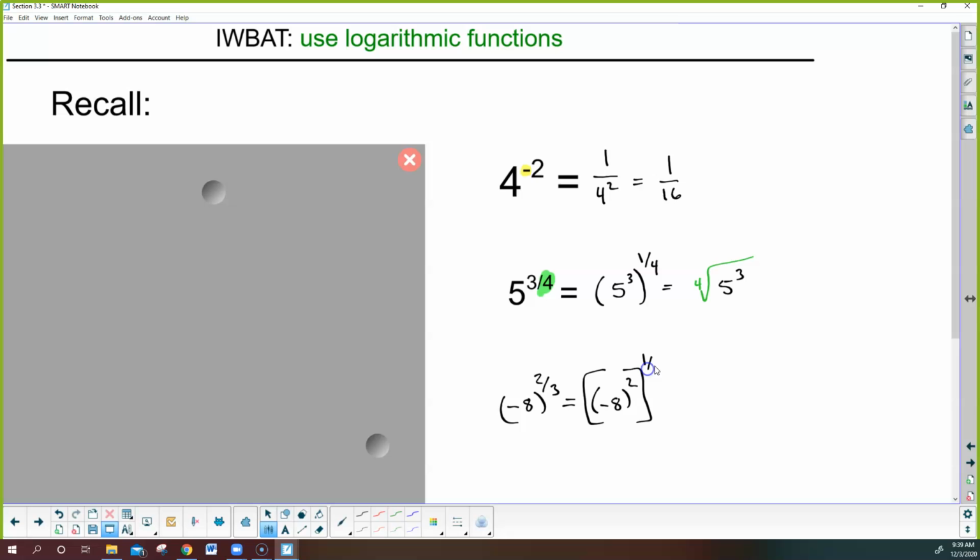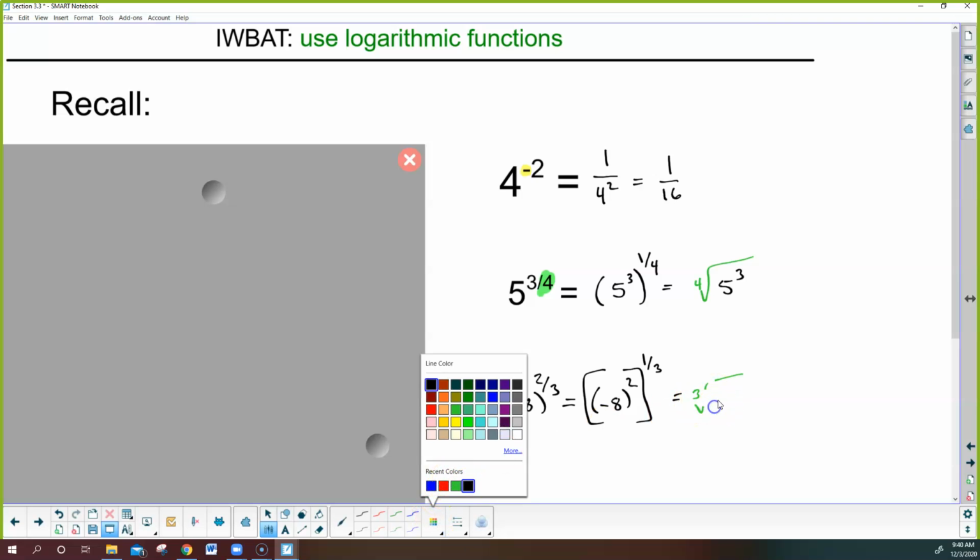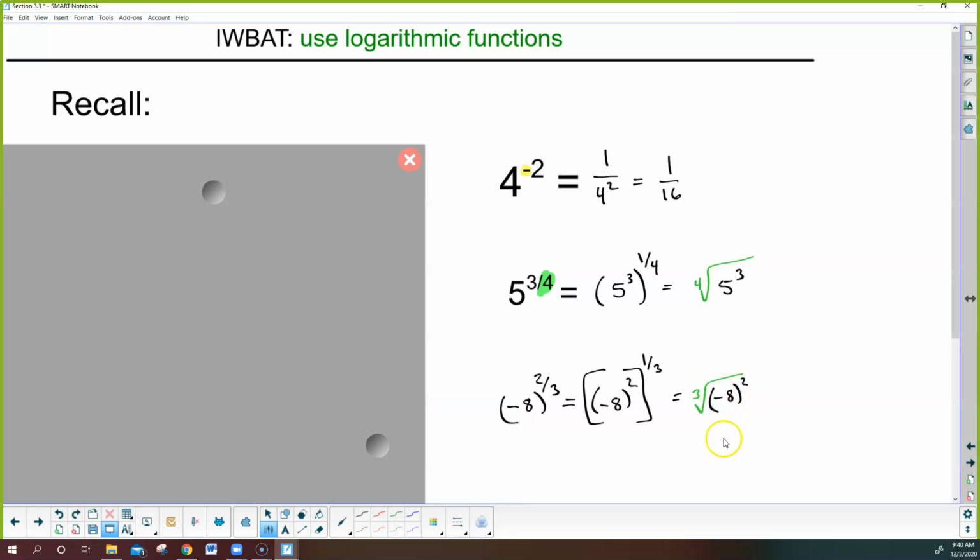But then I've got the divide by 3, and you can kind of skip this step here, but the divide by 3 is the same as the 1/3. And a better way to think of the divide by 3 is the cube root, right? So if I take the cube root, I can write it this way.